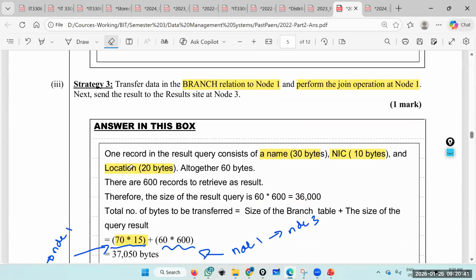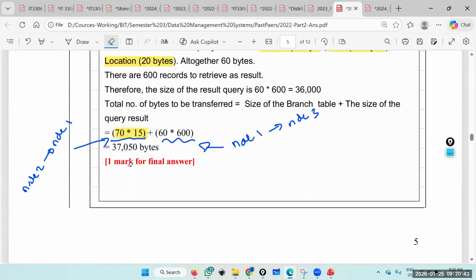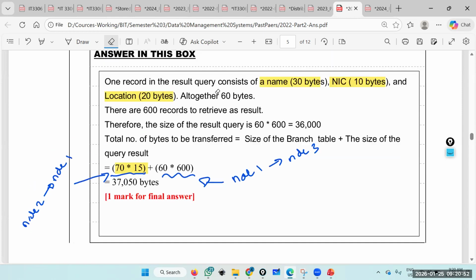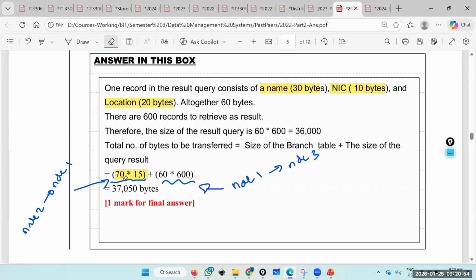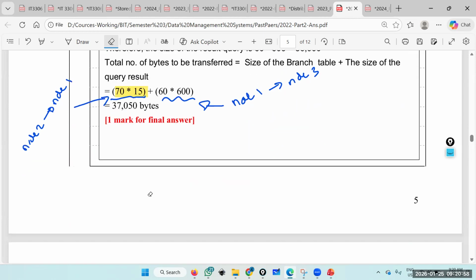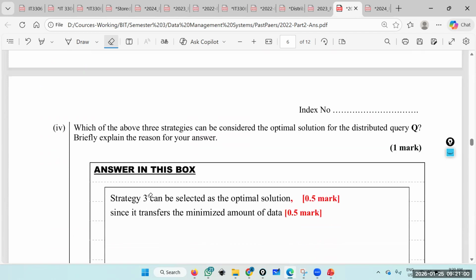So the last one is the best, because your smallest data set is in the branch, so you take that to the other site and do the join there. Usually that is the best strategy. Strategy 3, since it transfers the minimum amount of data, you need to explain that.